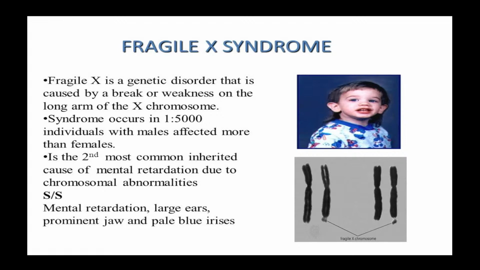The frequency of this syndrome is 1 case per 5,000 newborn children, and males are affected more often than females. It is the second most common inherited cause of mental retardation due to chromosomal abnormalities. The specific symptoms of this disorder are mental retardation, large ears, prominent jaw, and pale blue irises.